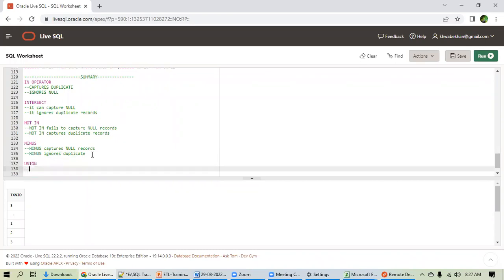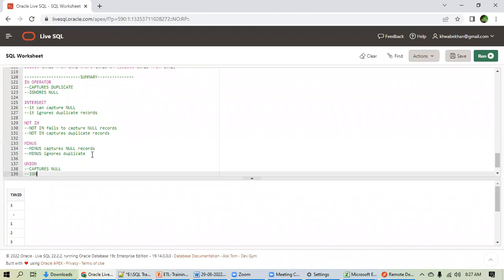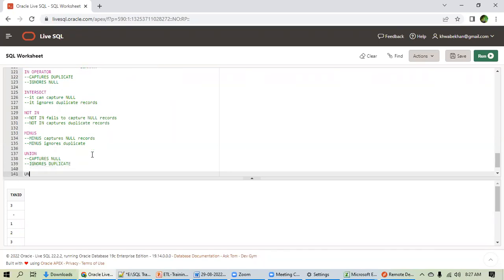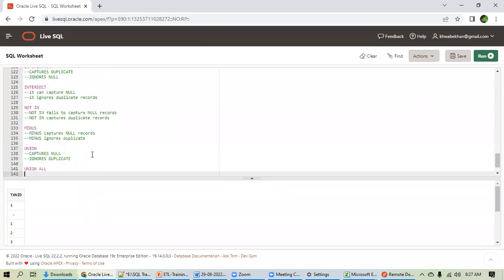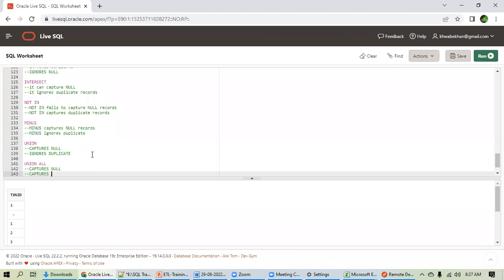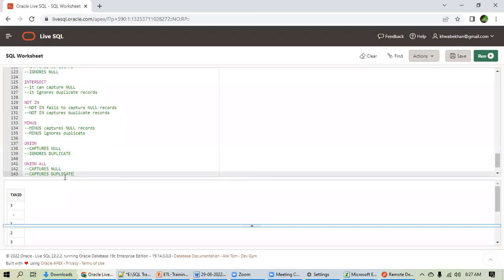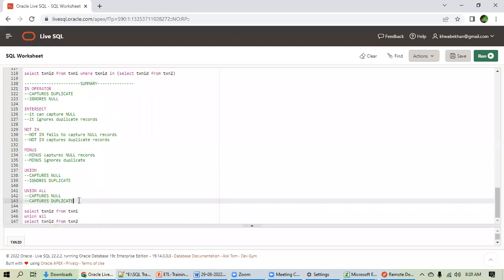First point: captures duplicate or not? No. But it captures null? Yes. Ignores? Null. Duplicate. Union all captures? All: duplicates plus null. Okay. So this is a summary of what we have discussed today.